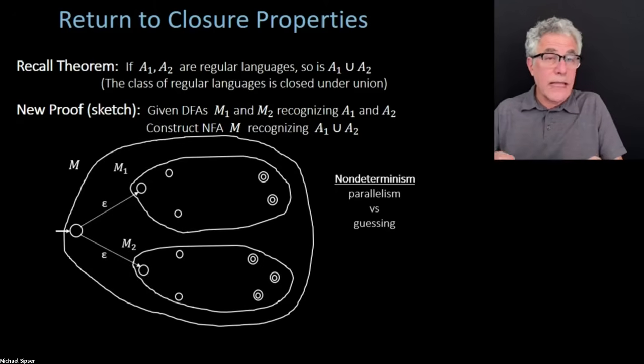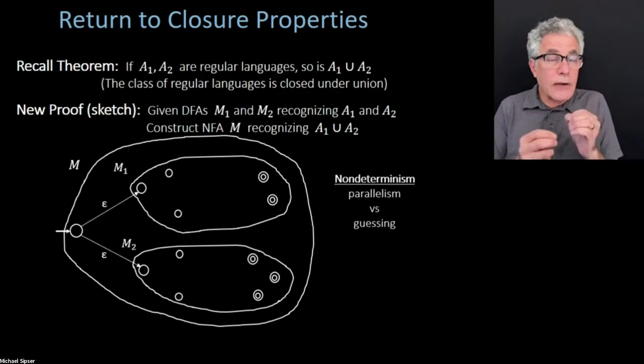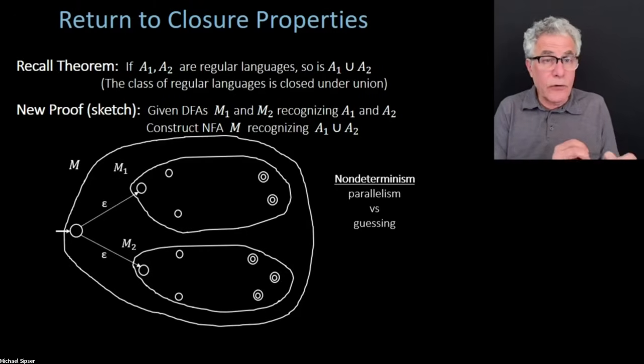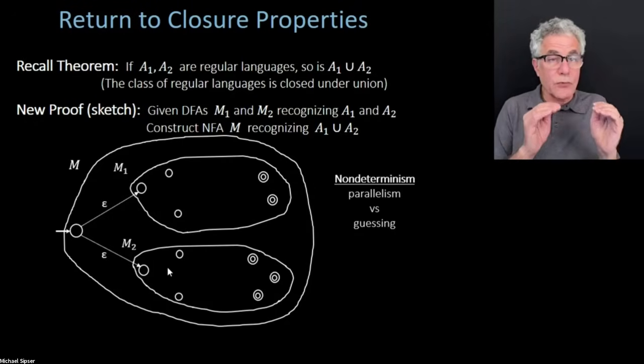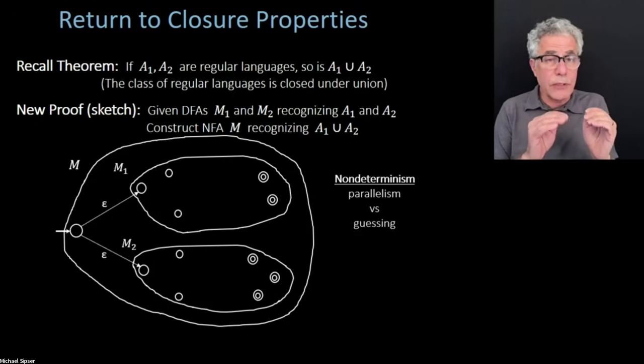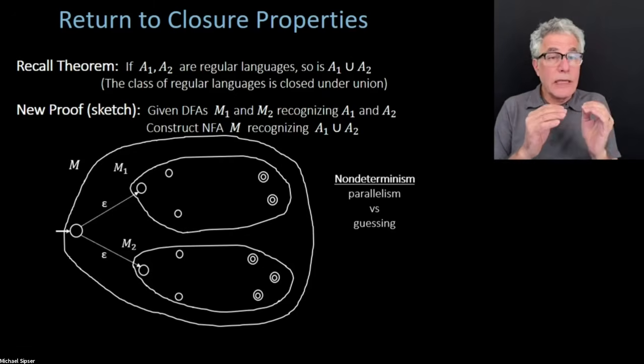And if either one of them ends up accepting, M will accept. Or you can think about it in terms of that guessing that I referred to before, which means that as M is just about to read the first symbol of its input, it guesses whether that's going to be an input accepted by M1 or an input accepted by M2.